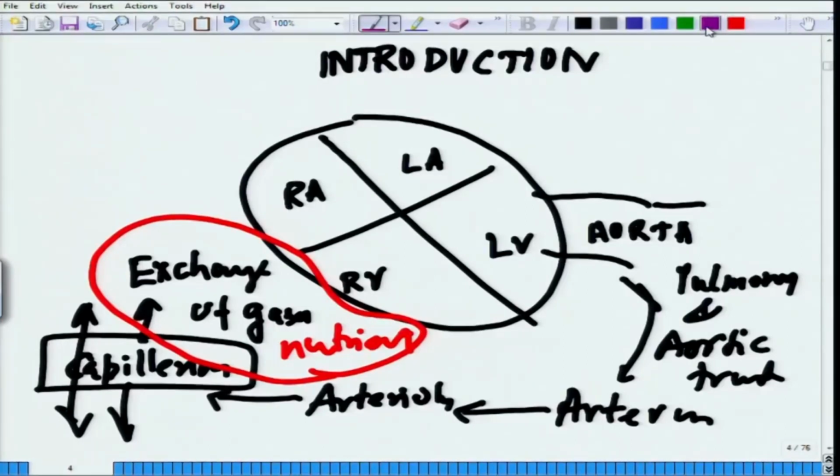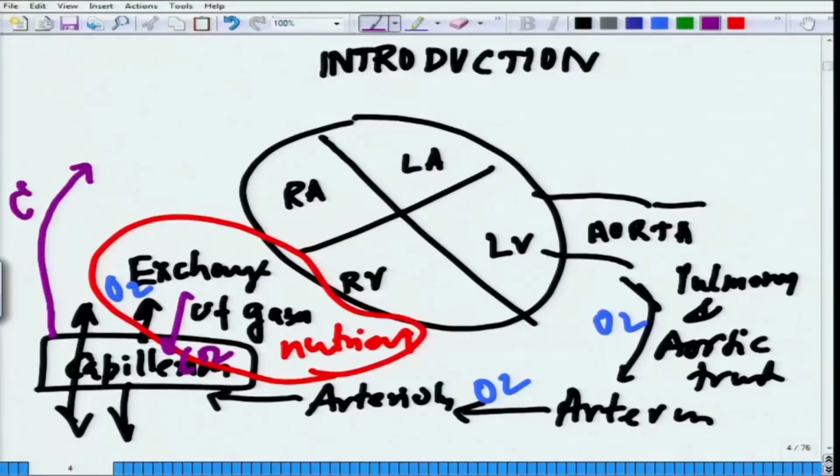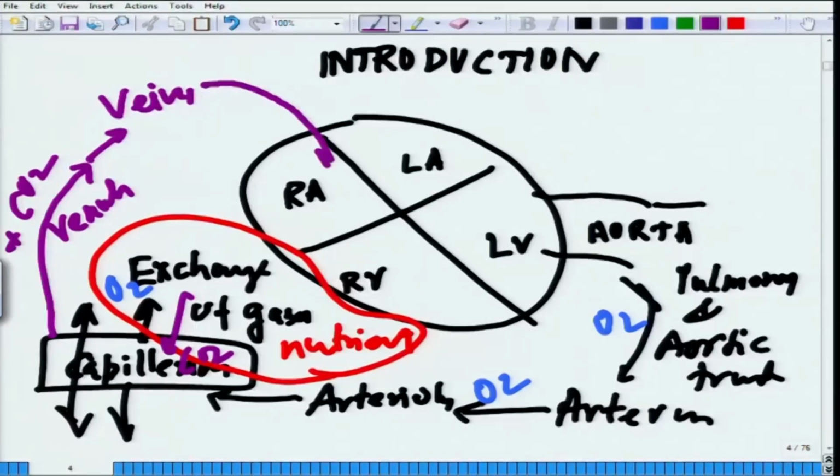As of now this is all oxygenated blood which is coming, and this is where most of the oxygen is given off and the carbon dioxide is taken in by these vessels, and this carbon dioxide rich blood now through the venules reaches the veins, from the veins comes back to the right atrium, and from there it moves to the right ventricle.